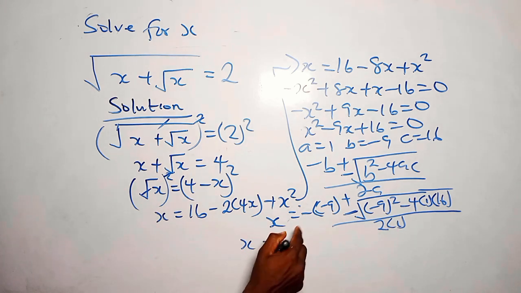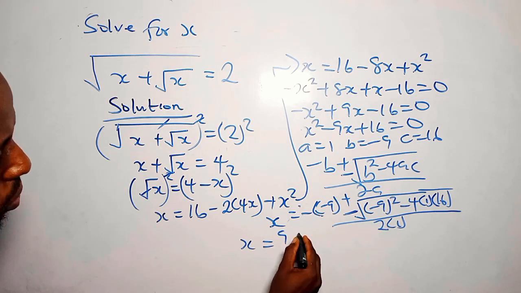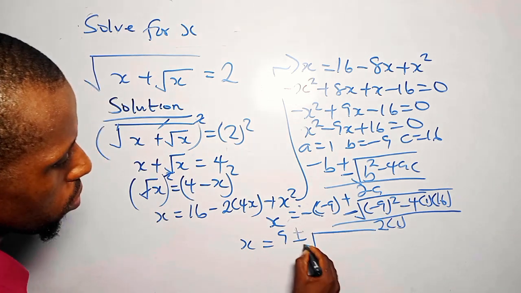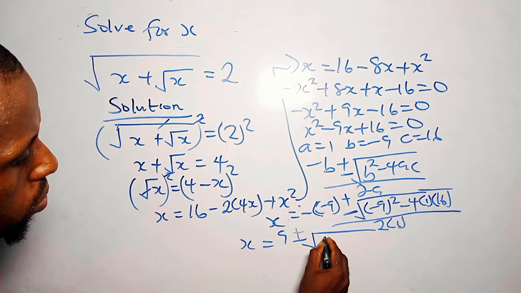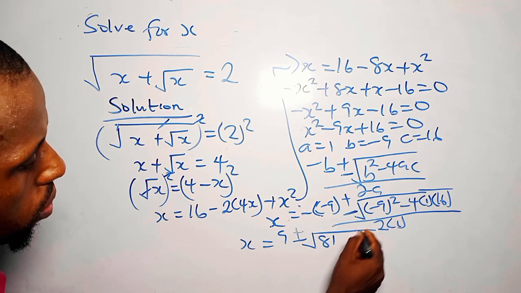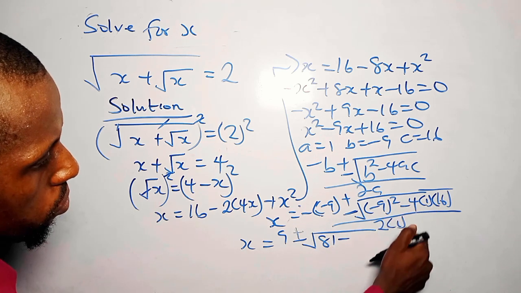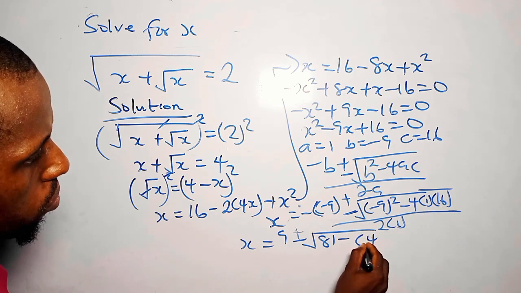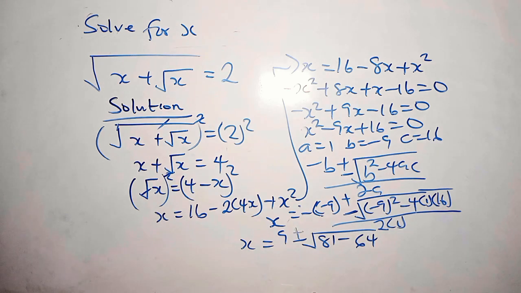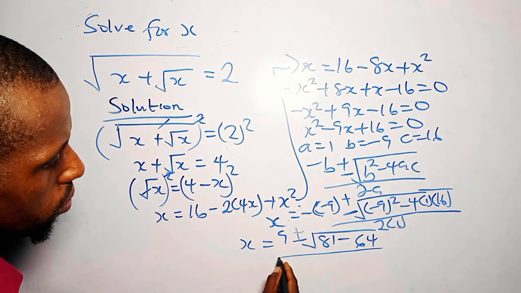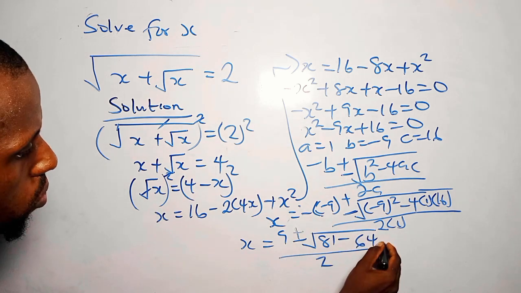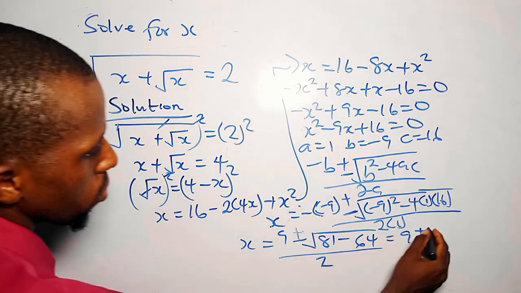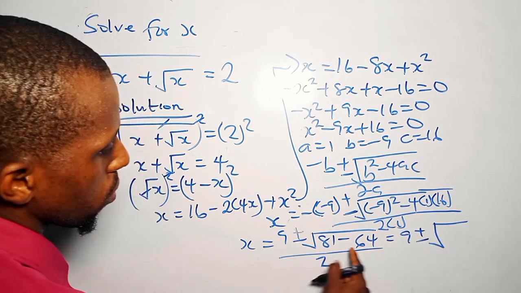So the value of x is 9 plus or minus the square root of minus 9 squared, which is 81, minus 4 times 16, which is 64, divided by 2.